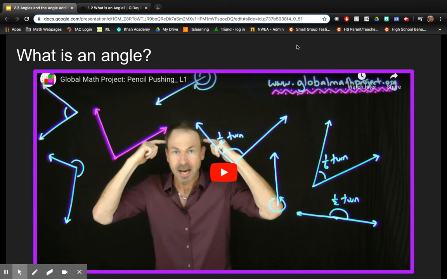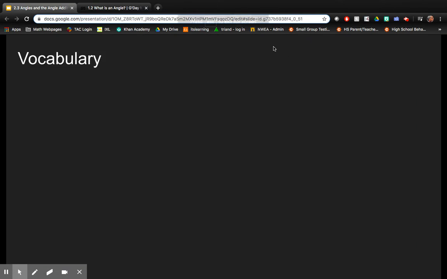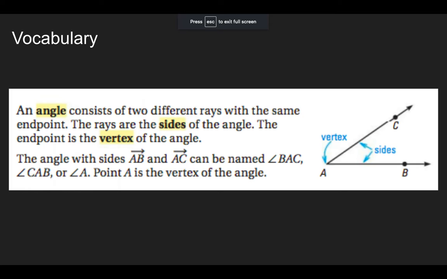Okay, so we have got some concept of what an angle is now. So let's look at some vocabulary. An angle consists of 2 different rays, like ray AB and ray AC, as you see in the picture here, with the same endpoint, which would be A. The rays would be called the sides of the angle, and the endpoint, A, would be called the vertex of the angle.